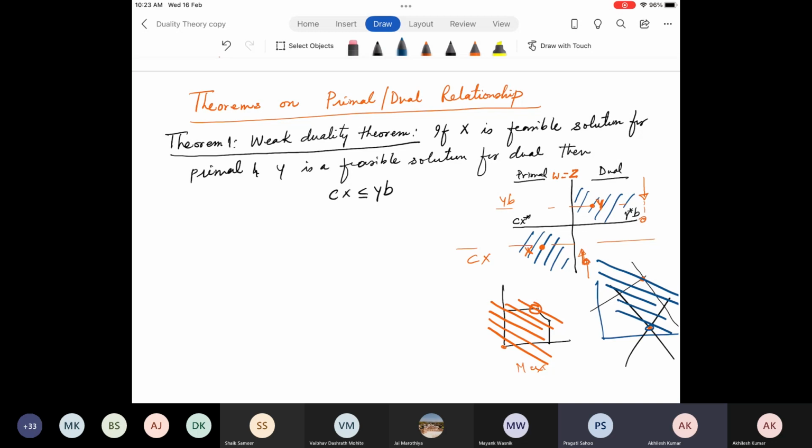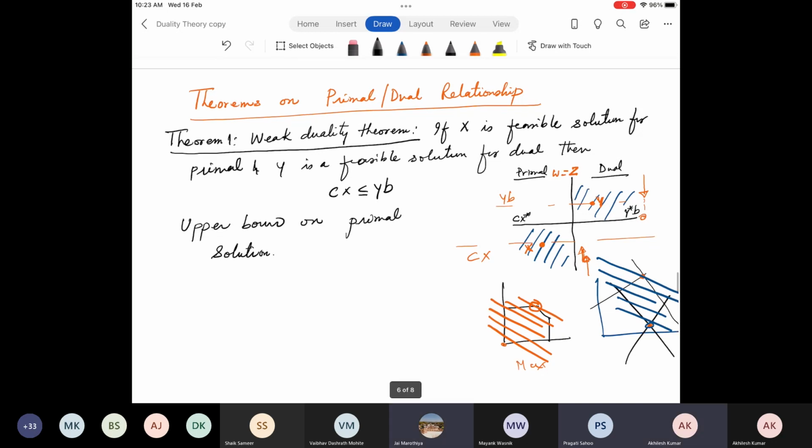Does that make sense? So this theorem actually gives you an upper bound on the primal solution. Is this clear, guys? Feel free to discuss if you have any doubt.